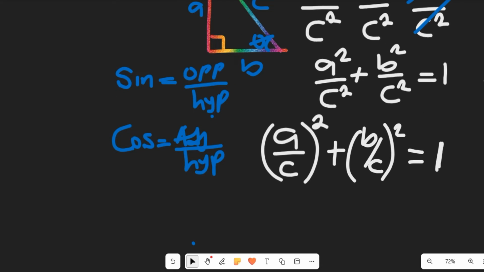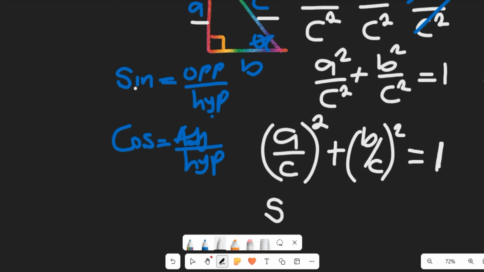So, from the right angle triangle, you come to see that the opposite is equal to A and the hypotenuse is C. So that simply tells us that the sine, which is equal to opposite over hypotenuse, can be replaced, since it's A divided by C, with sine theta all squared.